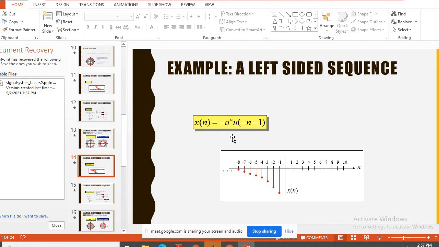So पहिली व्हॅल्यू काय येणार? मायनस n मायनस 1 is equal to 0.